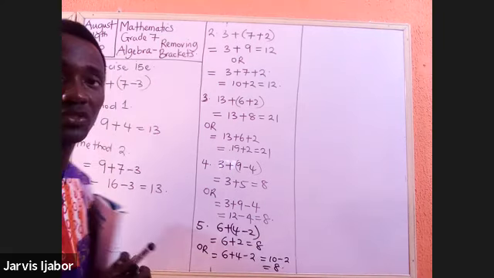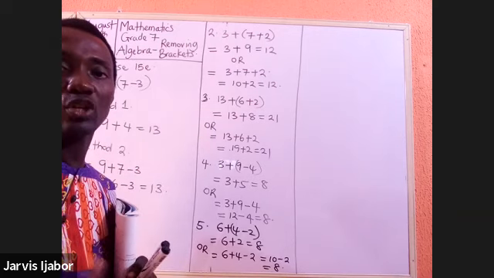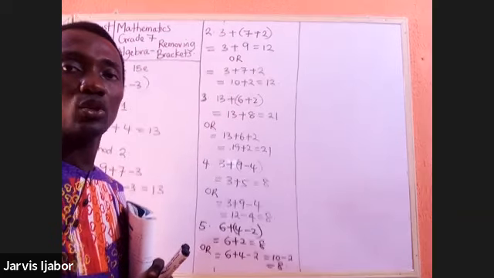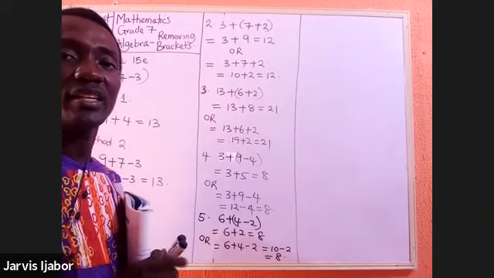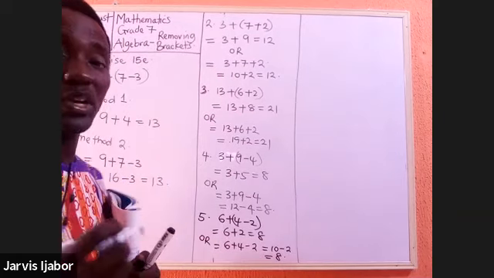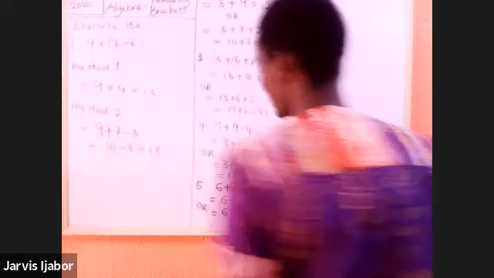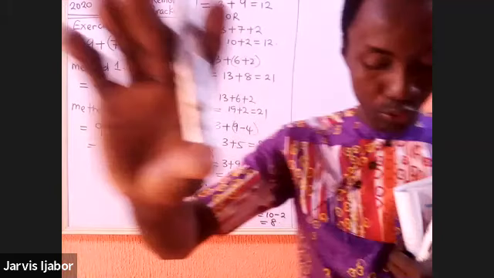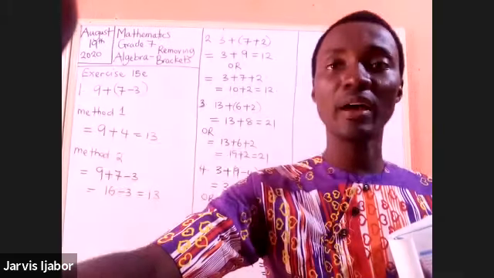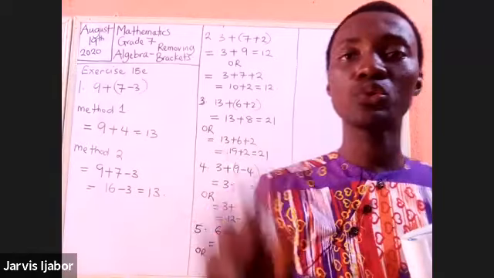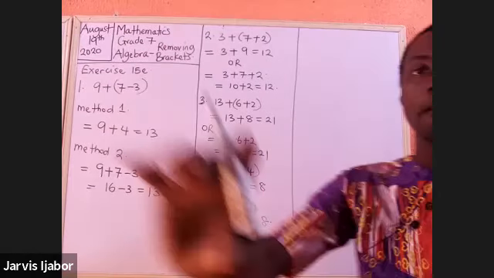So take note of something. Whatever be the method you're using, the end result will essentially be the same. But it's important that you know how to use both methods.